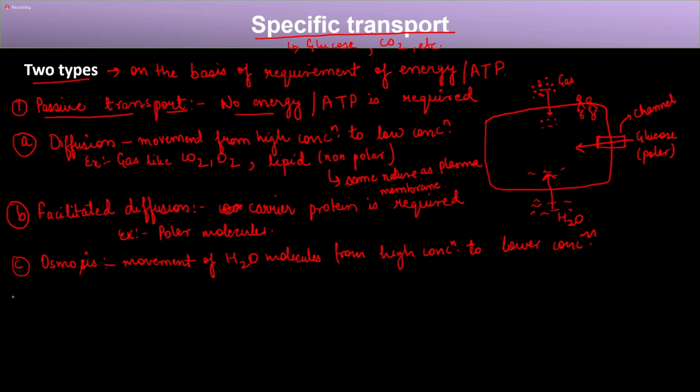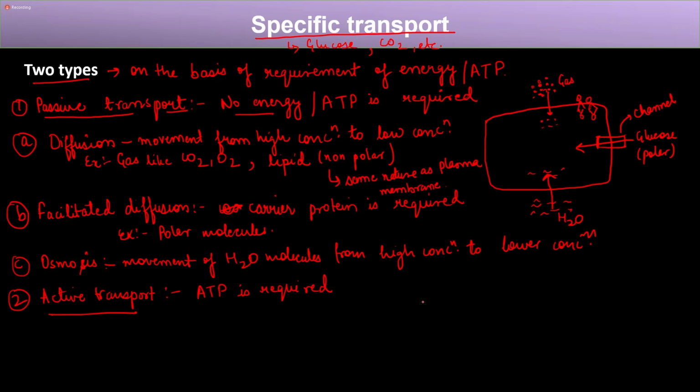Now, the second type of transport is active transport. Right. Now, what is active transport? It is a type in which ATP is required. So in the case of active transport, ATP or energy is required.